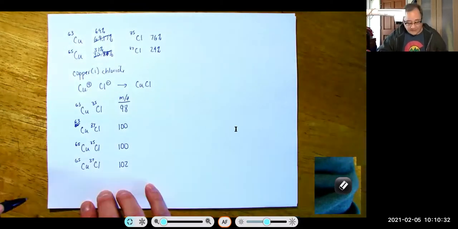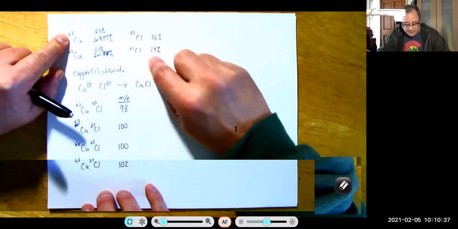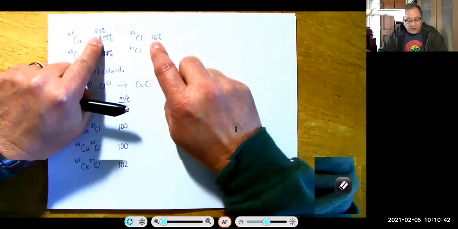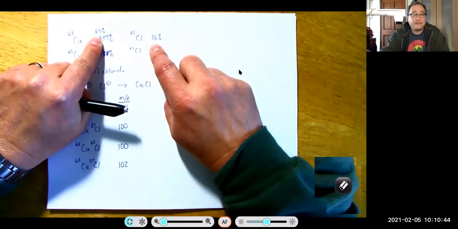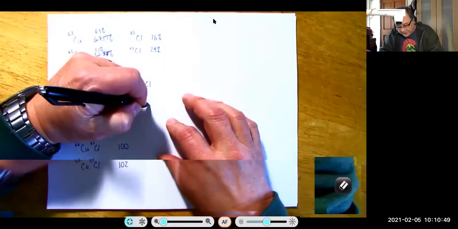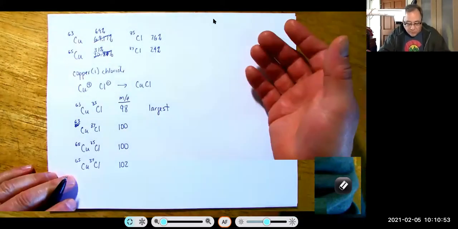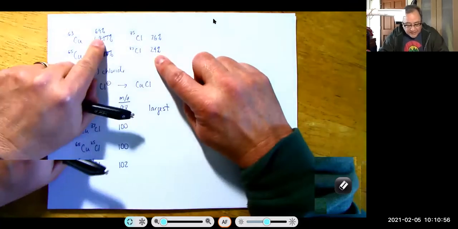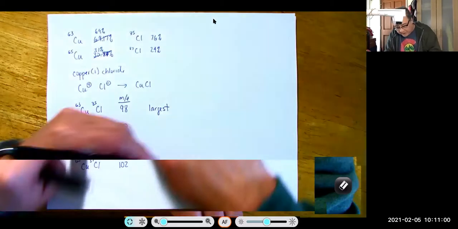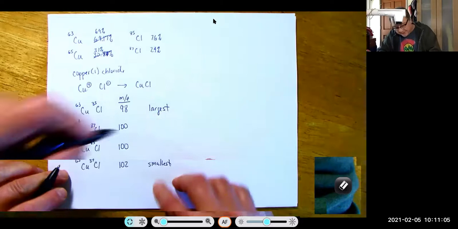Since copper 63 is most likely and 35 is most likely, then 63 and 35 is going to be the most likely peak. So I'm going to put this as the largest. And which one's going to be the smallest? Well, the 24 and the 31. So this 102 is going to be the smallest.